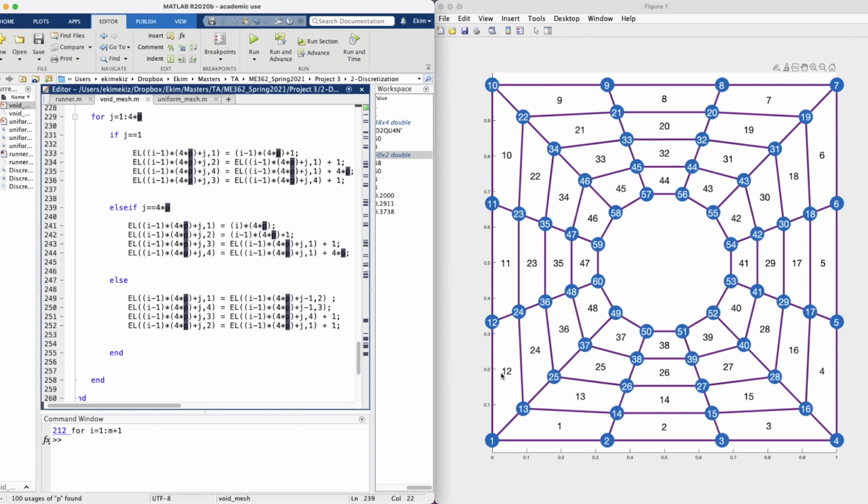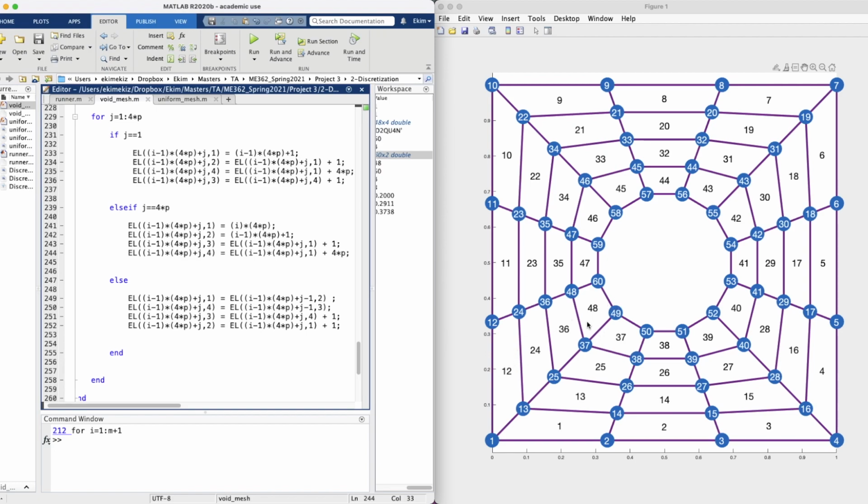So these elements. Okay. The reason for that is because when you think of this as a uniform mesh, the nodes at the very end are the same as the nodes at the very beginning, right? So these diagonal nodes. So because of that, we need to be careful when writing the nodes of these elements.